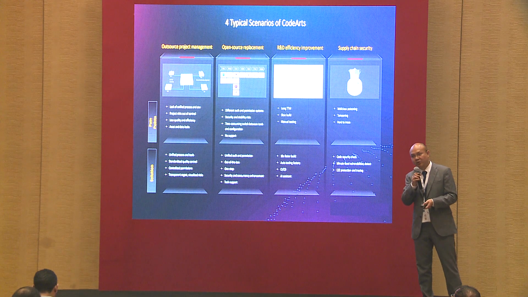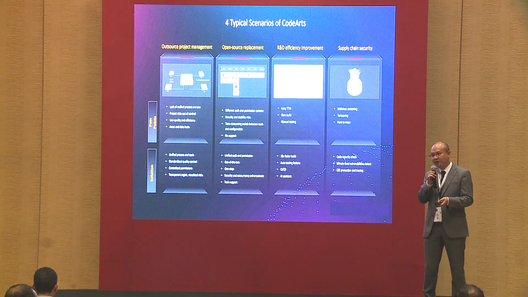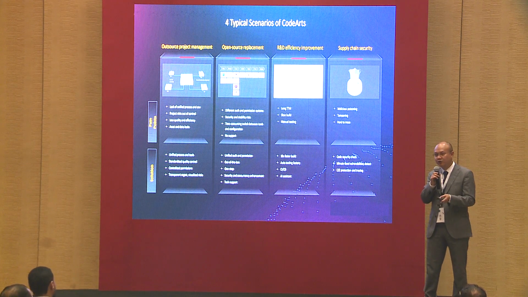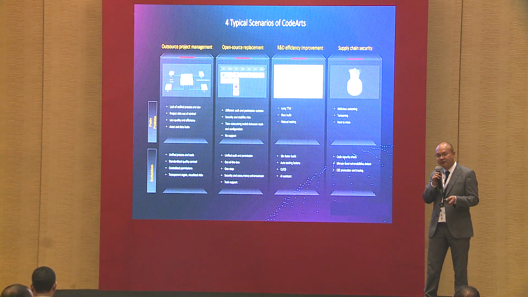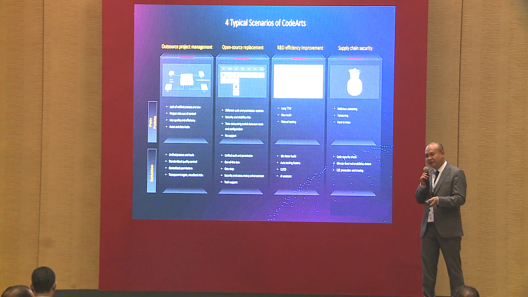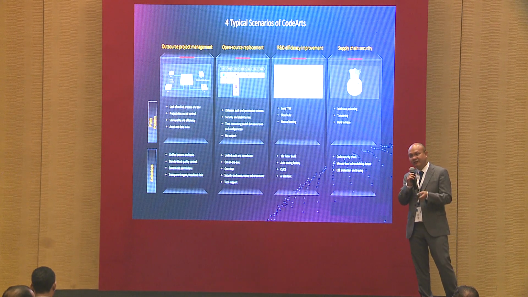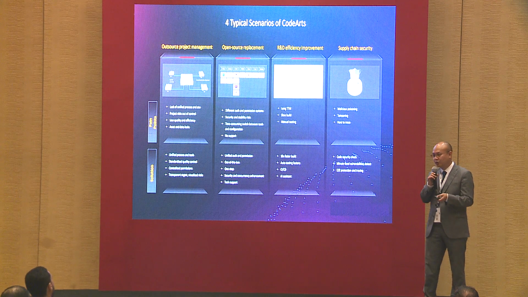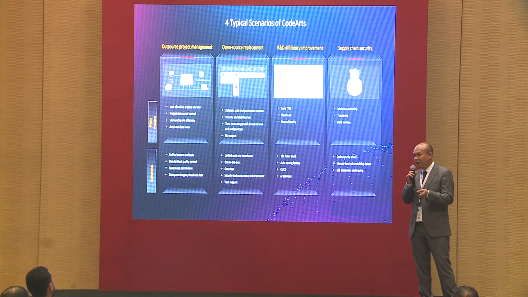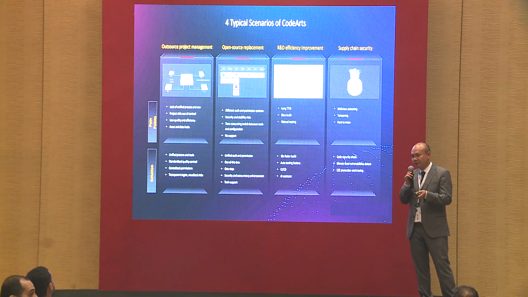In open source project management, you have so many different software vendors in different locations, and they use different DevOps processes and different DevOps tools. This makes communication and collaboration very hard for open source projects.